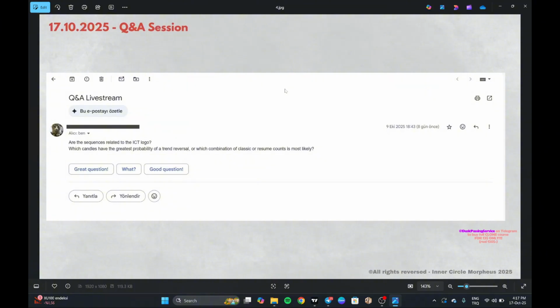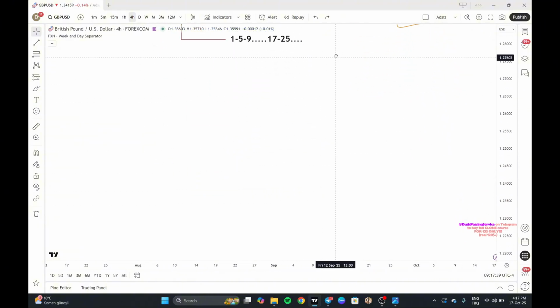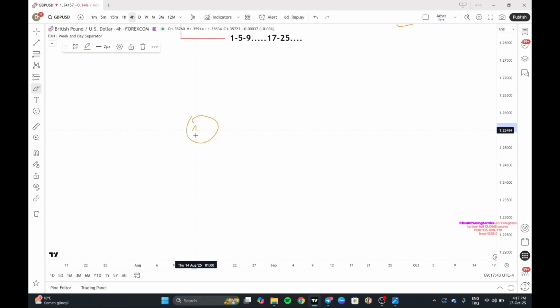13 is for reversal, or sometimes continuation, if this 13 on any time frame is in between, let's say, 13 and 20 in another time frame. This is the question I had asked on the Telegram channel. Maybe you remember that question.